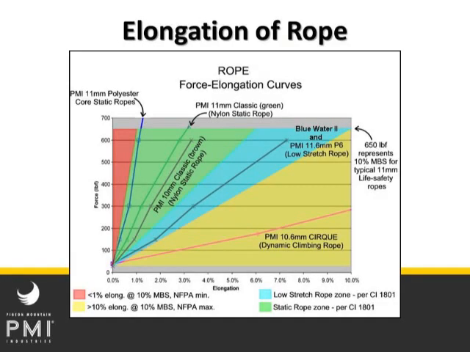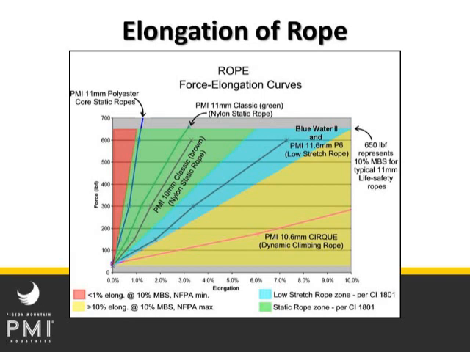A little bit about elongation here, to give you a chart idea of what some of these things mean. This is an old chart we've had around. The far left to just outside the red zone is the minimum elongation that will still be an NFPA rope.